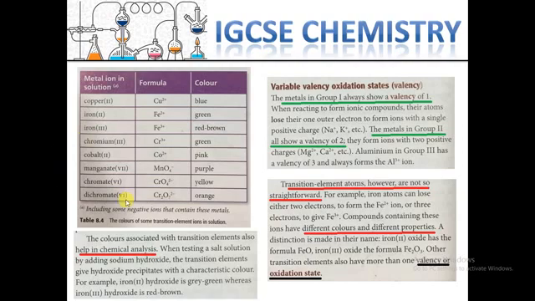Like after any reaction, if we get a green color solution, that means the chemical contains chromium 3, and as we can see, for example, iron comes as iron 2 and iron 3, where iron 2 produces a different color from iron 3.